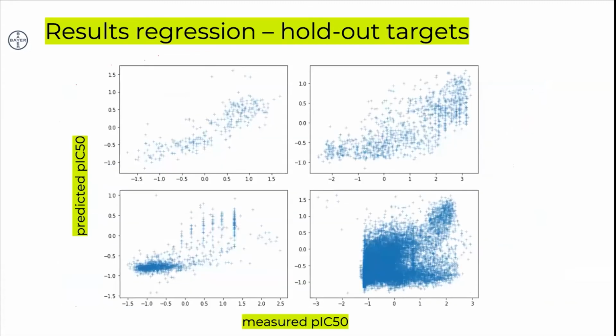So therefore, we wanted to see how you can use this on holdout targets. What would happen if we took one protein out completely from the whole training and just tried to predict it? That mimics the scenario where you have absolutely no information about what kind of ligand binds to this protein. That is shown on this plot.